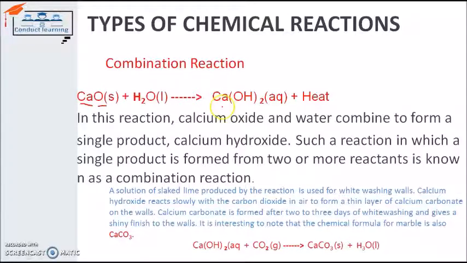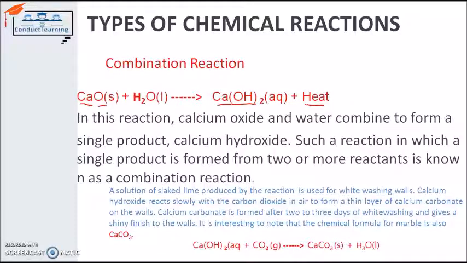This is calcium hydroxide. This single product is formed after the chemical reaction between calcium oxide and water, and with that calcium hydroxide it also releases some heat. That's why the beaker gets heated up and its temperature rises when we touch it. So this kind of reaction is known as a combination reaction.